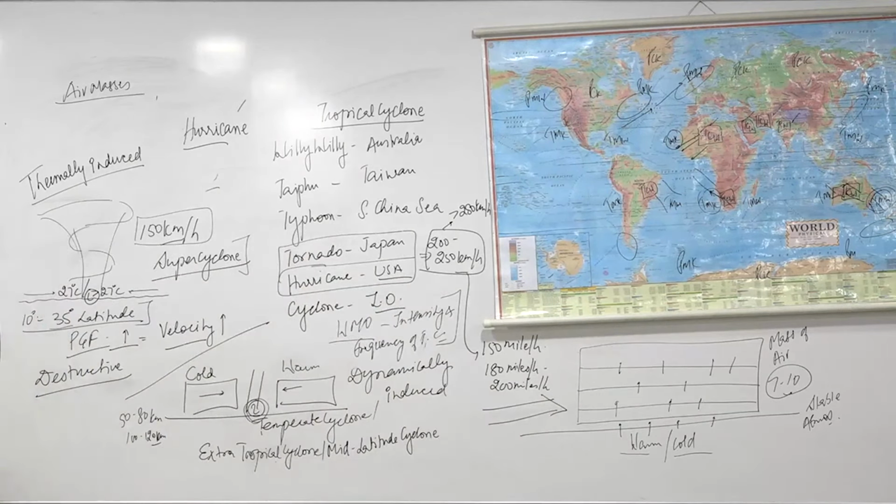So that high wind velocity will be reached. What does it mean? The intensity of the cyclone will increase and tropical cyclones will become more destructive. Correct or not? We have seen this in the case of India also.